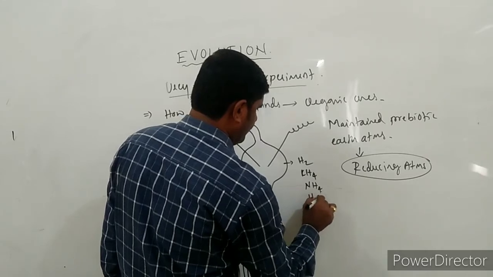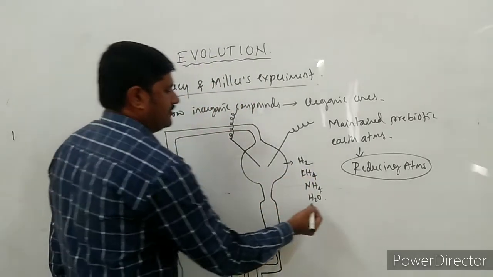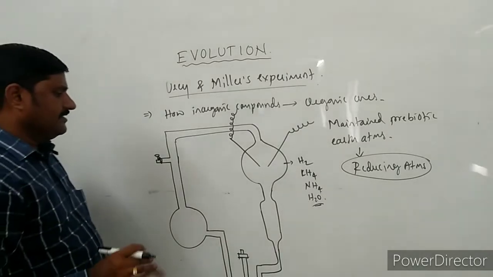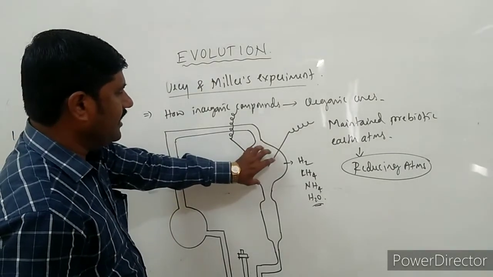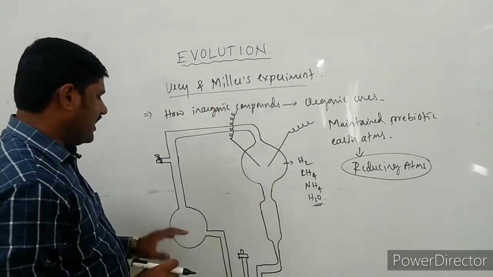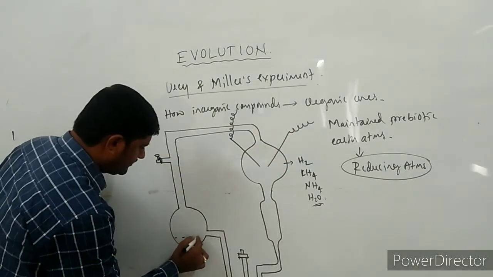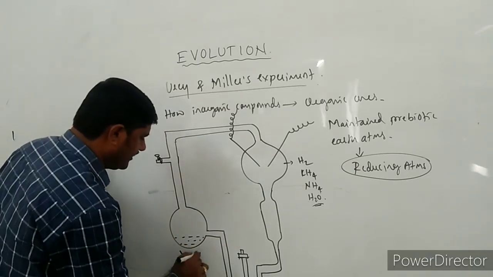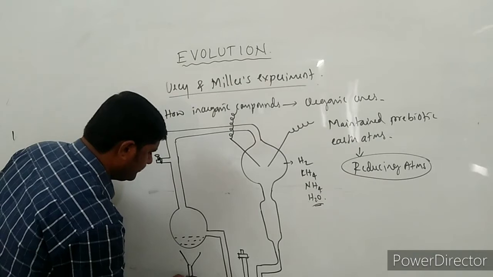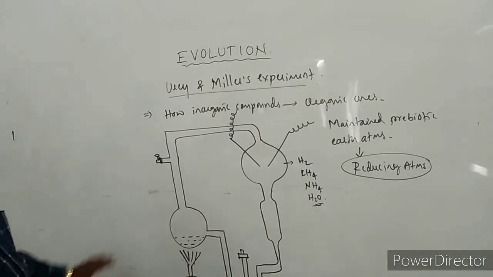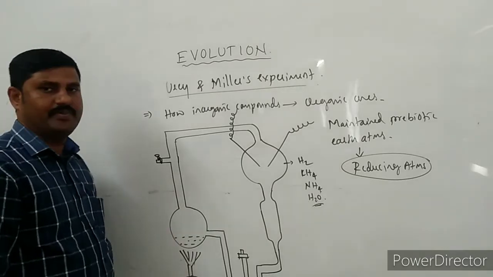As well as water vapor. I shall show you later how he took the water vapor. See here, he maintained the prebiotic atmosphere here, and he took water inside this round bottom flask. He heated this water so as to get the vapor.